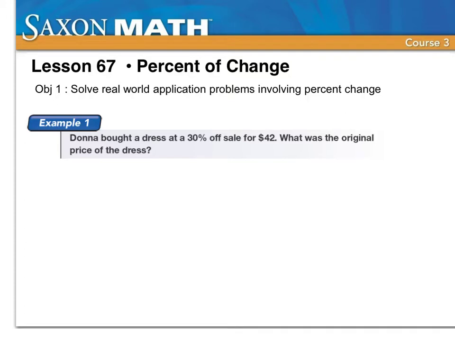Now for all these percent change problems, you're going to set up a ratio box. It's always going to look the same way. We're going to have a side for our percent and a side for our actual count. In this case, it would be our dollars. And then we're going to have three parts to this.